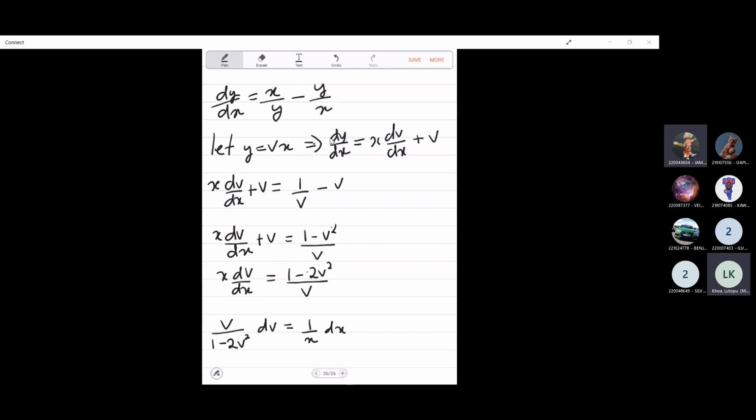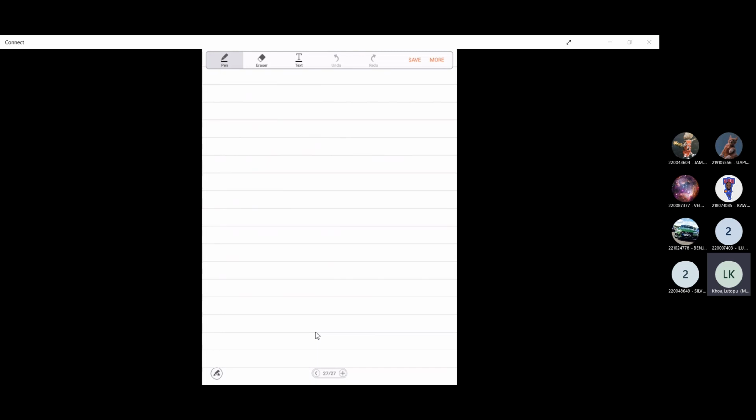Okay, and then from here we just need to integrate. Here we see that we can make this the derivative of the denominator. We just need -4 here. So we'll put -4 and -1/4 outside. And then the integral of 1 over x is just ln of x. So I have minus 1 over 4 integral of -4v over 1 minus 2v squared dv.